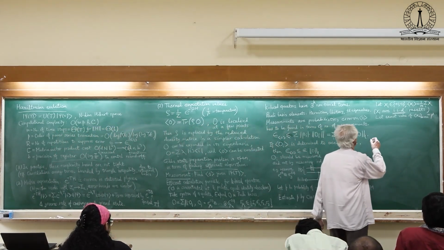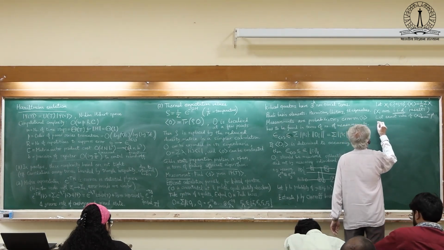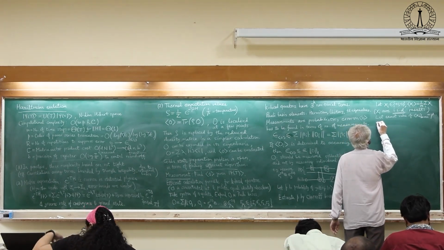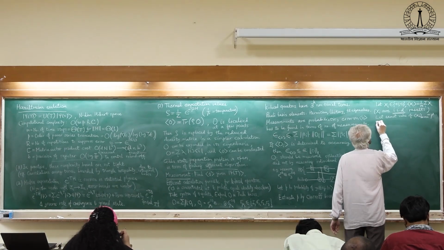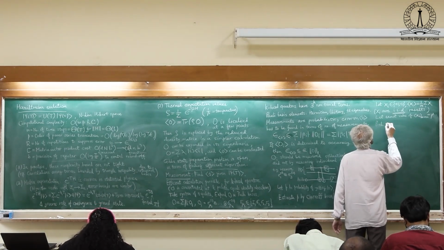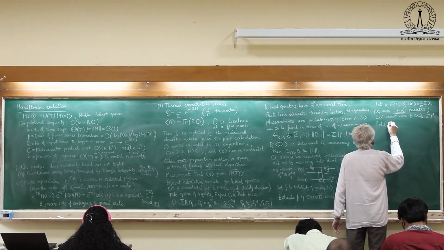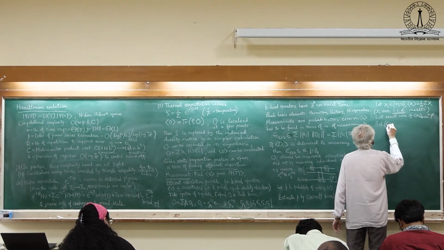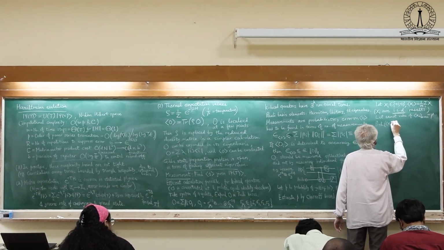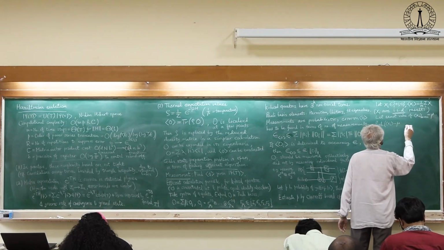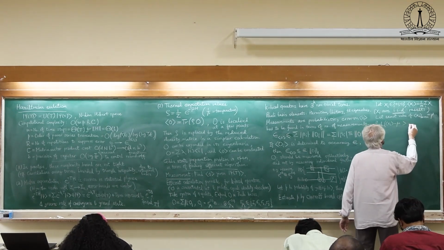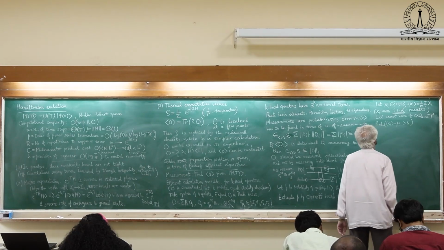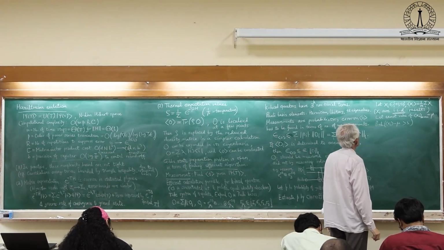The quantity which has to be bounded is the probability of the finite sample mean minus mu greater than delta.